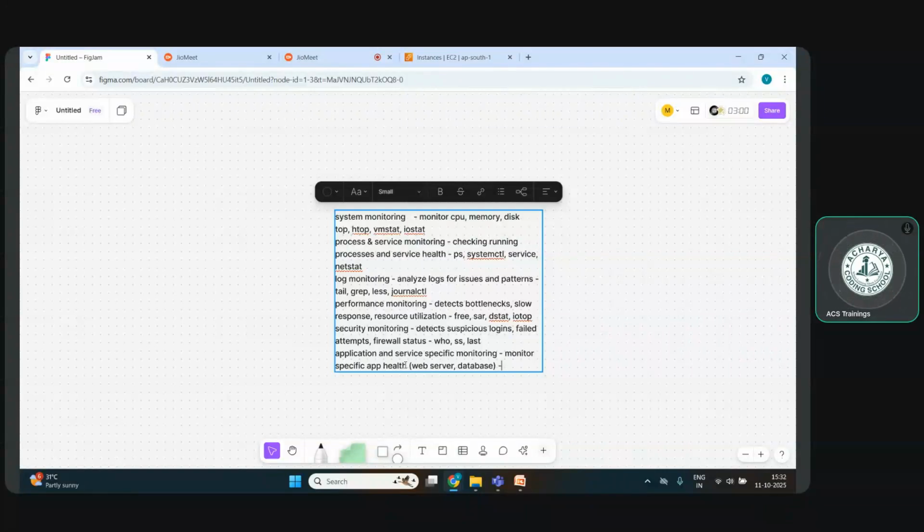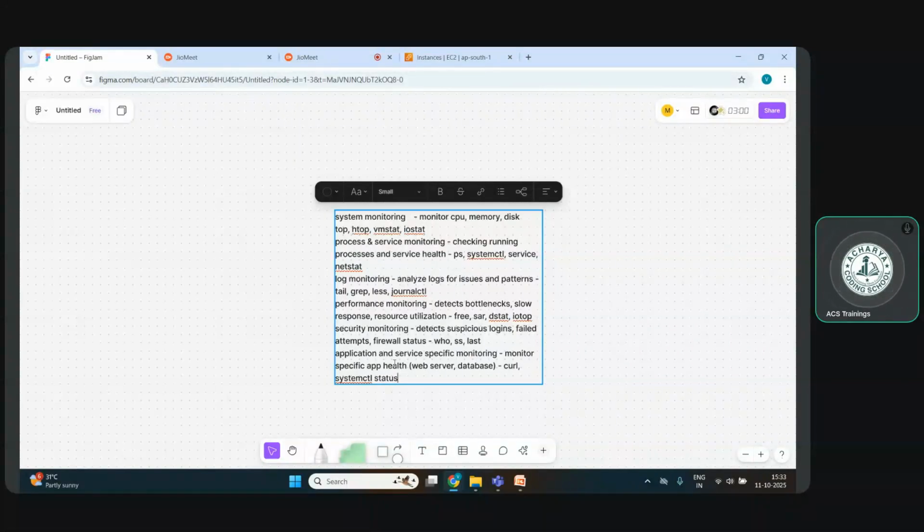And we have commands for checking application and service monitoring: curl, systemctl status, because we are checking how our application and its status will be.